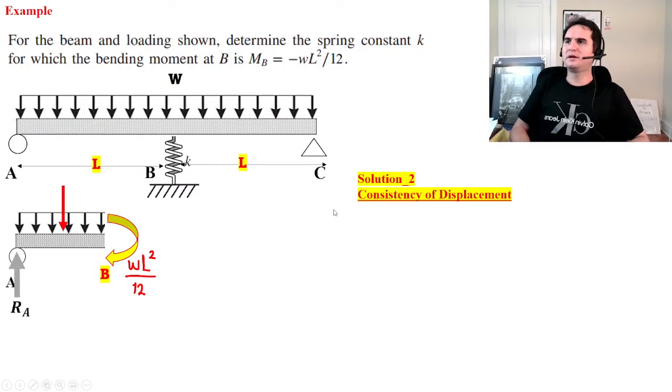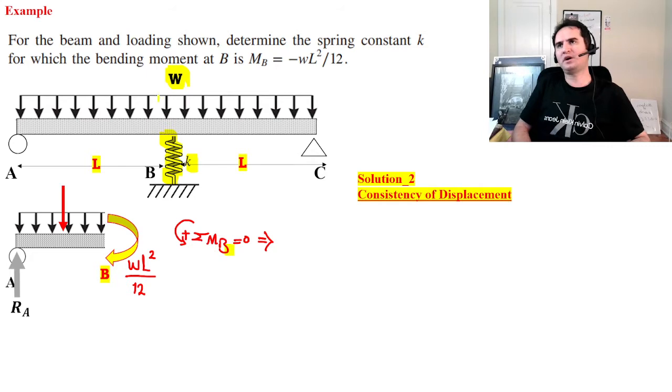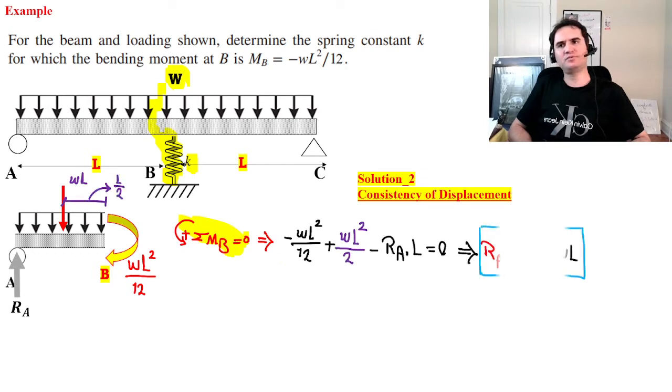So again, in this problem, we have a two simple support beam handling a uniform load of W, and at the center of this symmetric beam is located a spring with the stiffness of K. In the solution by consistency of displacement, we need to cut the section before B and develop the moment equation to get the reactions like the previous method.